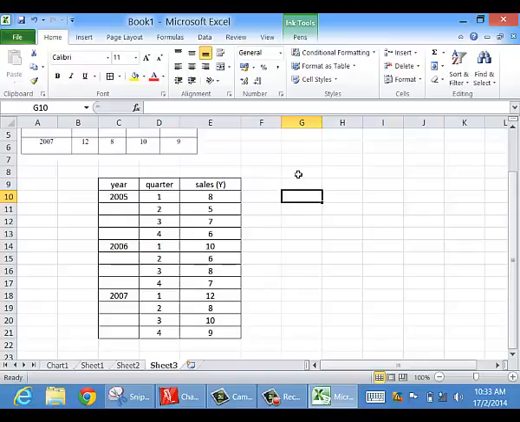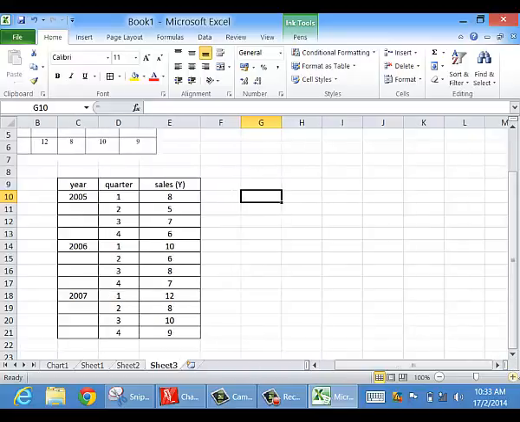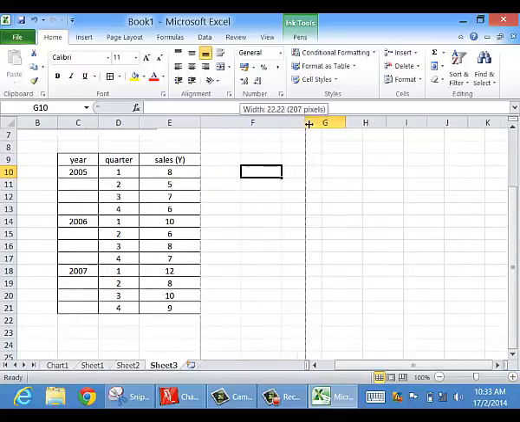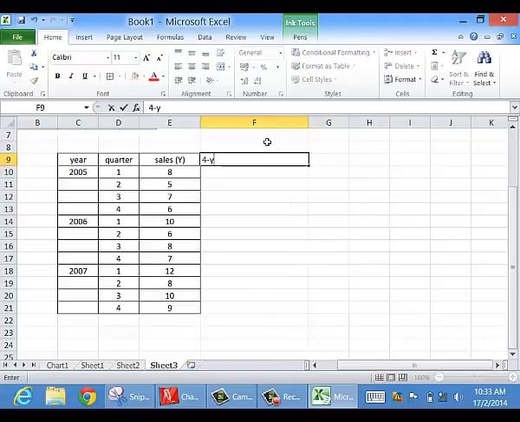So to calculate the 4-year moving average, first you need to add another column, the 4-year moving total.